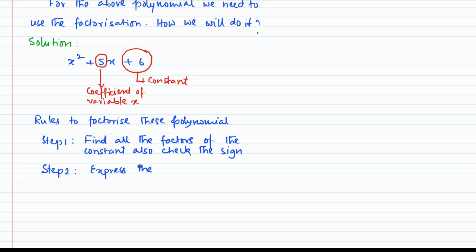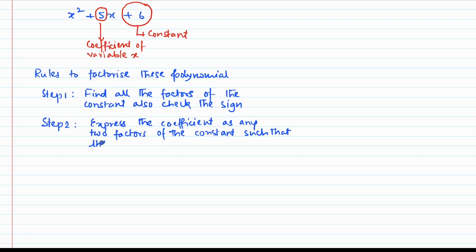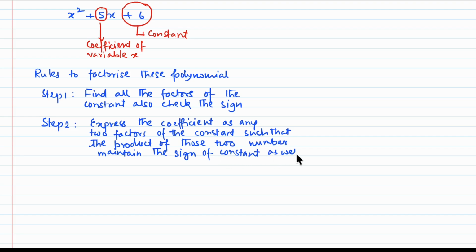So step 2, we have to express the coefficient of variable x as any two factors of the constant such that the product of those two numbers, with the given sign, will maintain the sign of the constant as well as the constant itself.